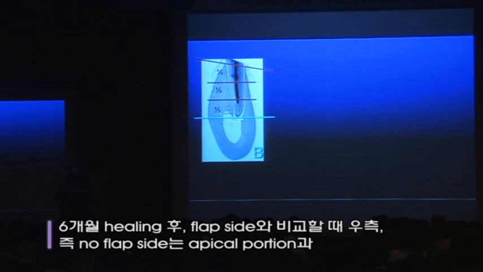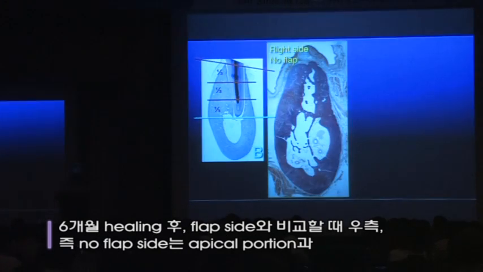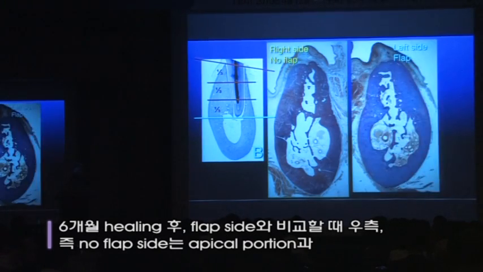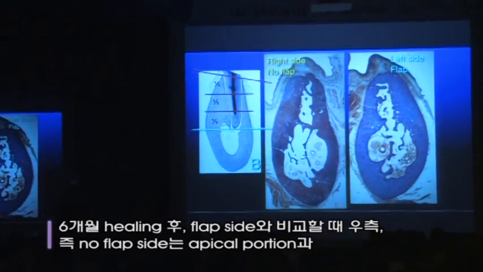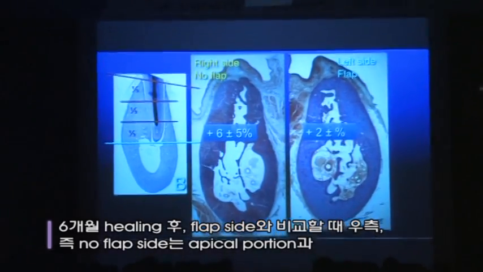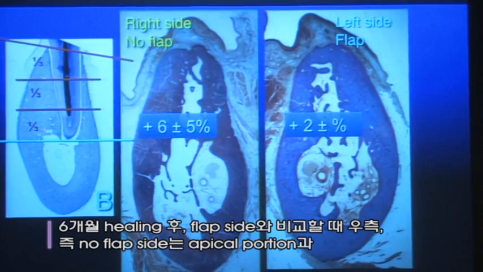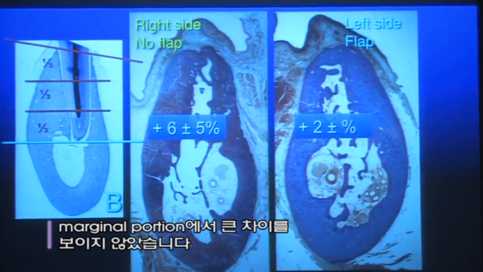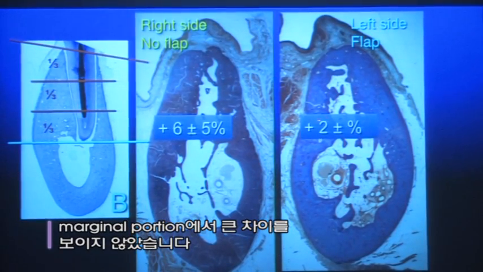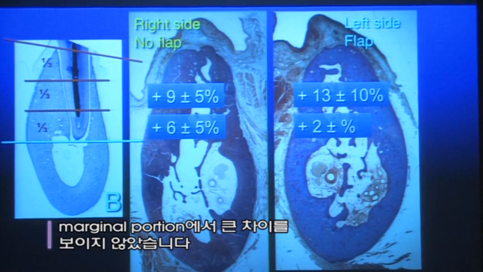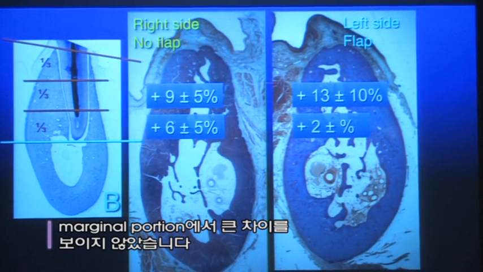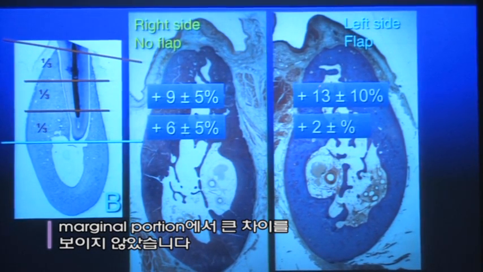After 6 months of healing, we compared again in our model the tooth side with the no flap side and the flap elevation side. And we found that in the apical portion, as compared to the tooth side, there was no change. In the marginal portion, as compared to the tooth side, there was no change.